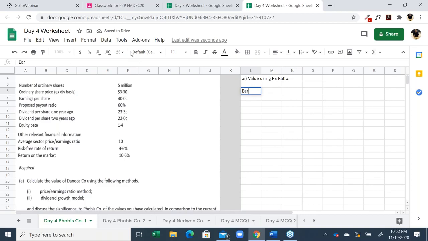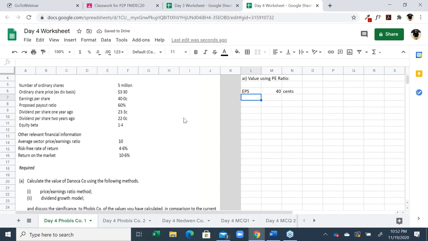So first of all, we need earning per share, which we call EPS, of Denoka company. What is the EPS of Denoka company? It's 40 cents. The EPS is 40 cents.